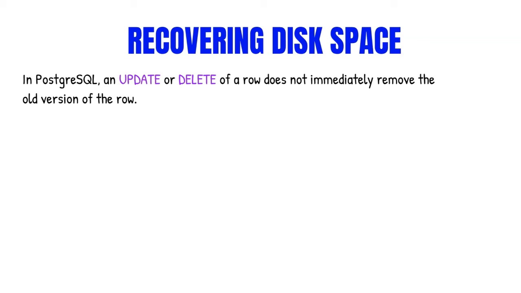But eventually, the outdated or deleted row version is no longer of interest to any transaction. The space it occupies must then be reclaimed for reuse by new rows. This will avoid unbounded growth of the space requirements. This is done by running the vacuum command.